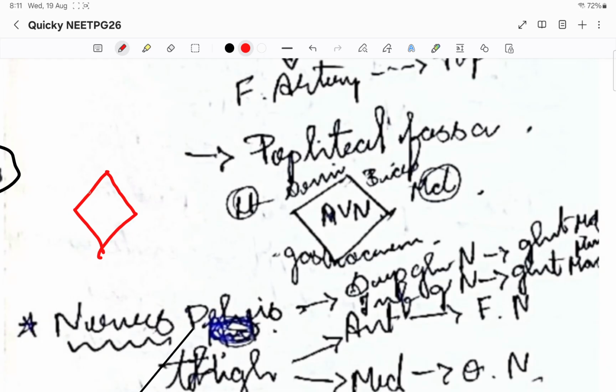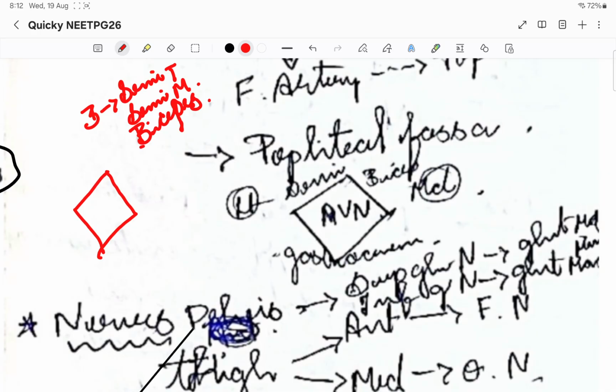The hamstring muscles have three main muscles: semitendinosus, semimembranosus, then biceps femoris. Just like the biceps that we have in our arms, there is a biceps in the leg also. It's the same kind of muscle.